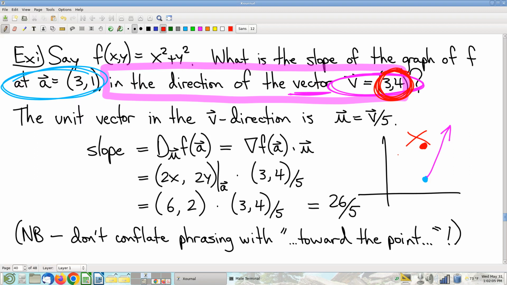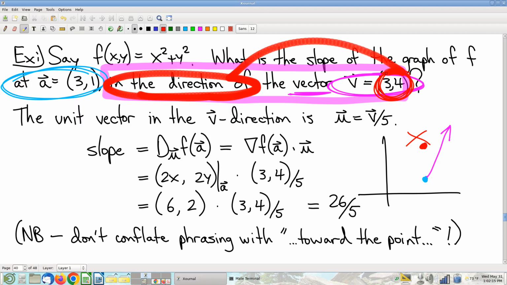But if you misinterpret it as a point, then it would be there. And then, students will think, "in the direction of" makes it sound like you're going toward that point. And so the continued misinterpretation would be that the question's asking about that direction.